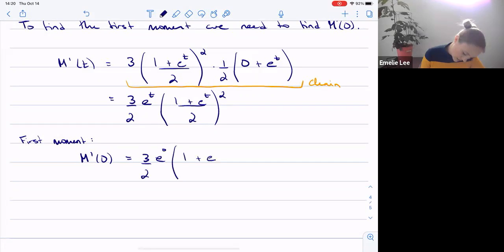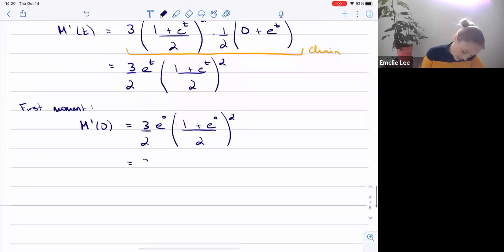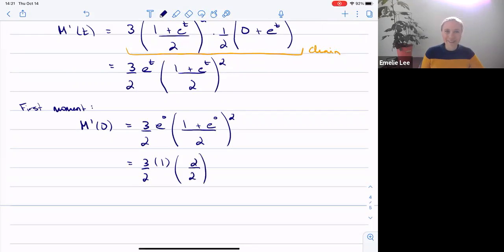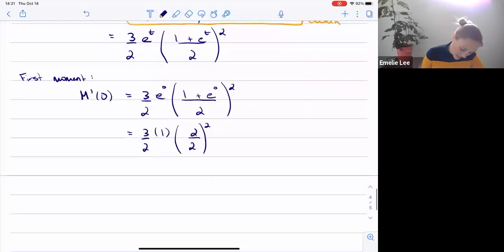Times (1 plus e to the 0 over 2) squared, remembering that e to the 0 is 1. So then I get 3 over 2 times 1 times 2 over 2, which is 1. 1 squared, still 1. So I get 3 over 2.